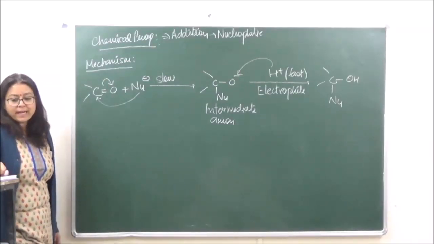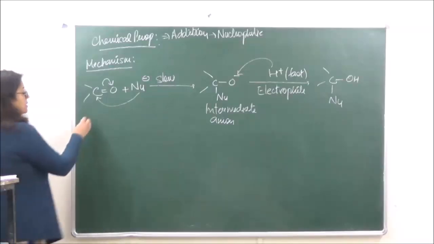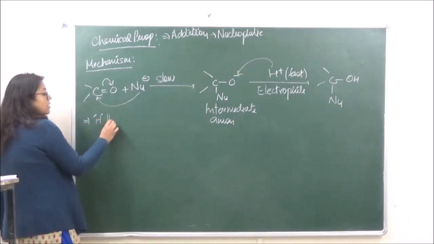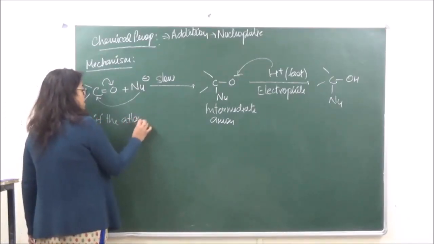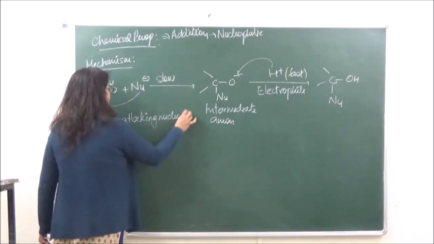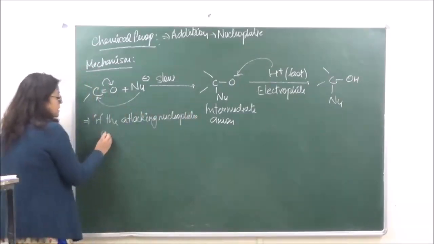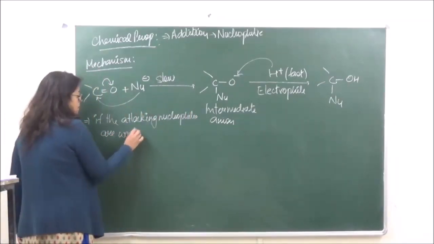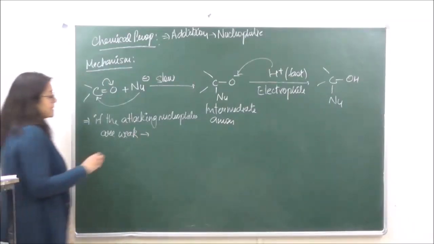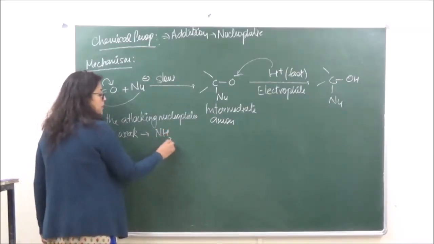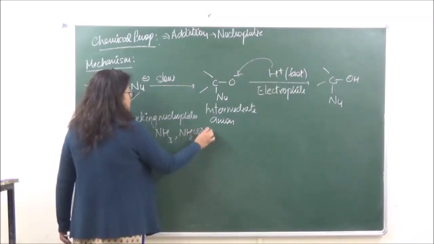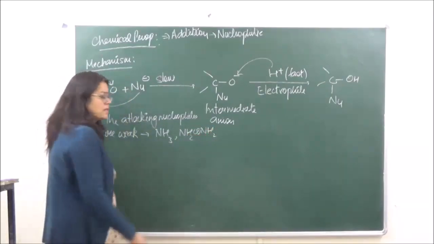Okay? Now if the attacking nucleophiles are weak, first point, we are saying that if the attacking nucleophiles are weak, for example ammonia and its derivatives. Ammonia and its derivatives may be urea, okay?